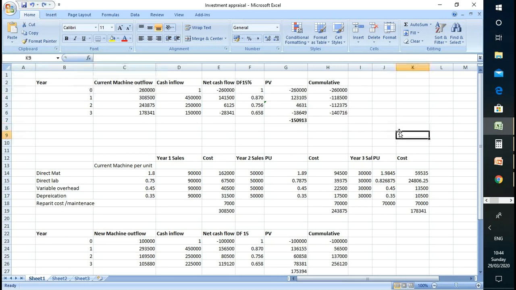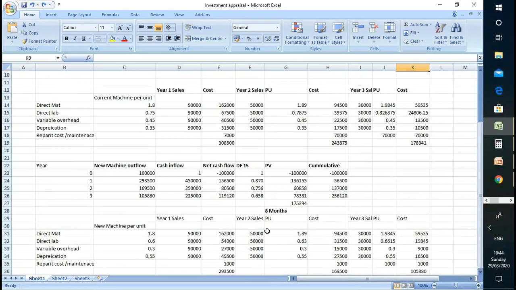You consider it or you don't consider it. If you consider it, it is a negative NPV. But in the other machine, in both cases, it gives you more NPV, and maybe even a shorter payback period, 8 months. The other is not even 8 months.